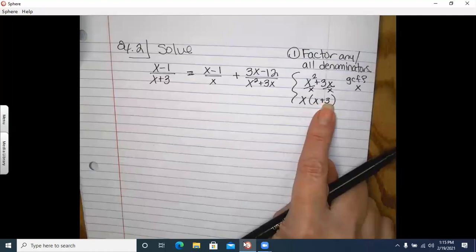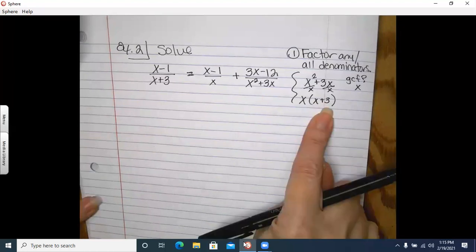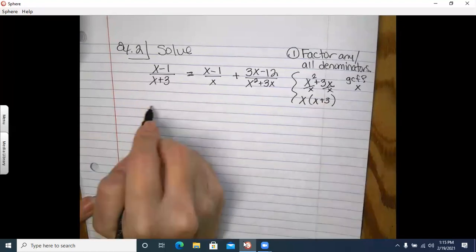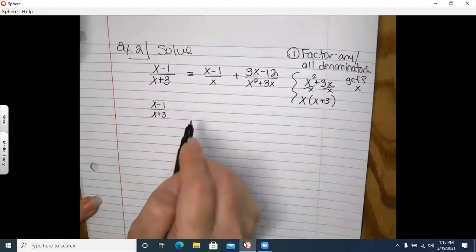So I'm going to rewrite my problem, but I'm going to give myself some space in between each fraction so I don't have to jumble it all together when I go to multiply by my LCD, okay? And I'm going to rewrite this fraction with the denominator in factored form. So my first fraction, x minus 1 divided by x plus 3. Equal sign, bring it down.